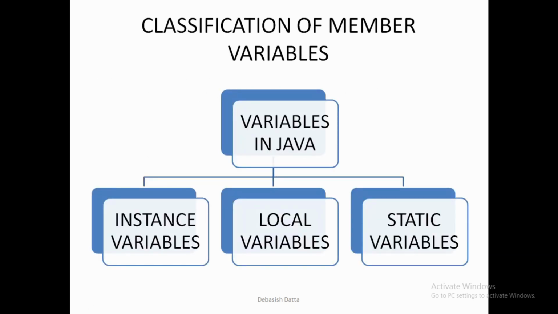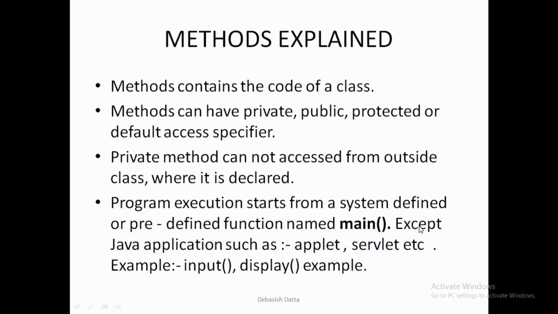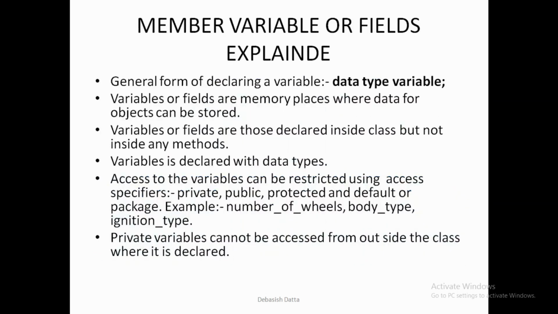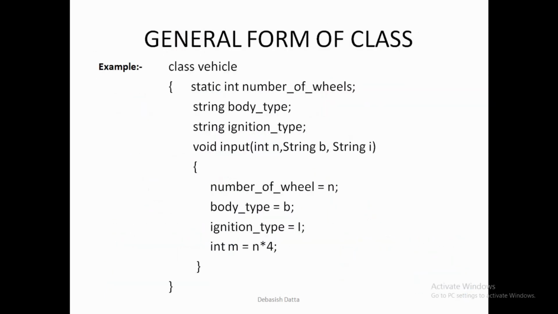All the variables which we use in Java programming can be categorized into three types: instance variables, local variables, and static variables. Now, to see an example, we can again go back to the vehicle class example.